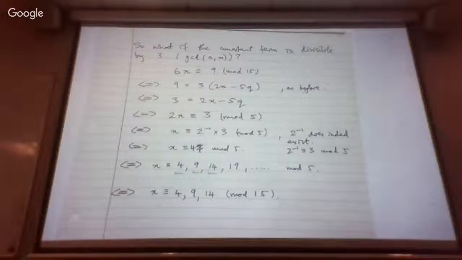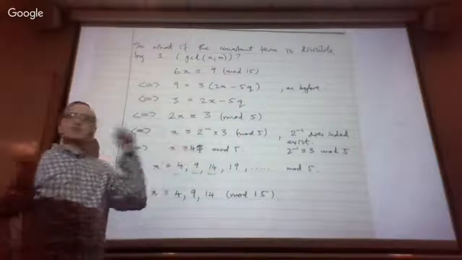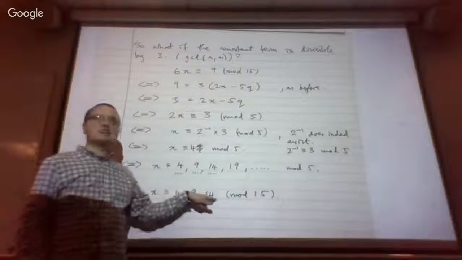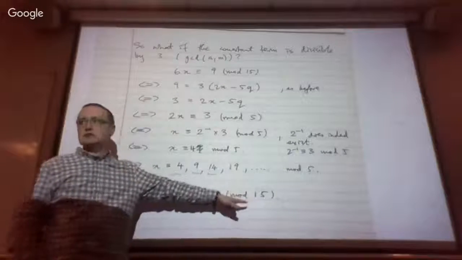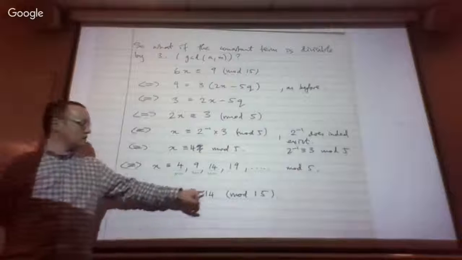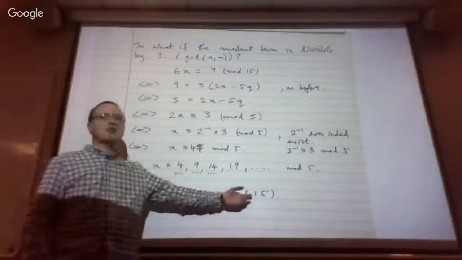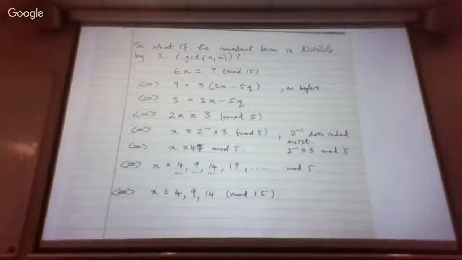Any integer which is congruent to 4 mod 5 can be put into one of these 3 congruence classes modulo 15. So 4, 9, and 14 are all congruent to 4 mod 5. They're all in the same congruence class modulo 5, but they represent different congruence classes modulo 15.